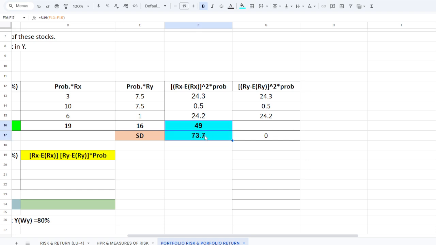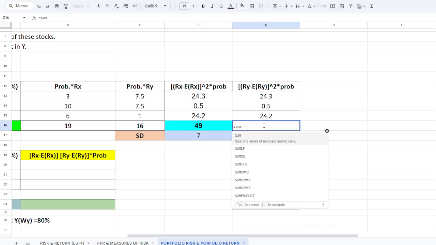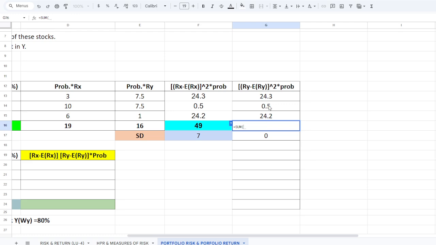I would use the sum here. You can also drag it and find it.